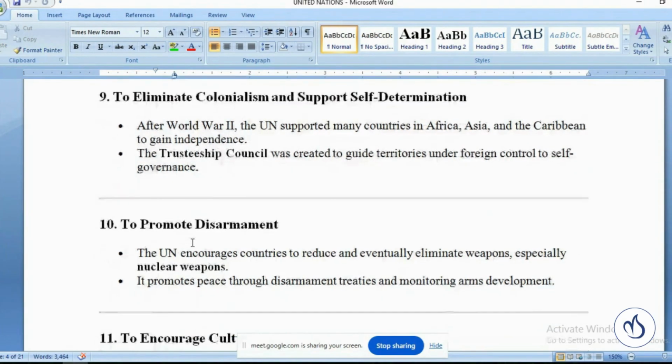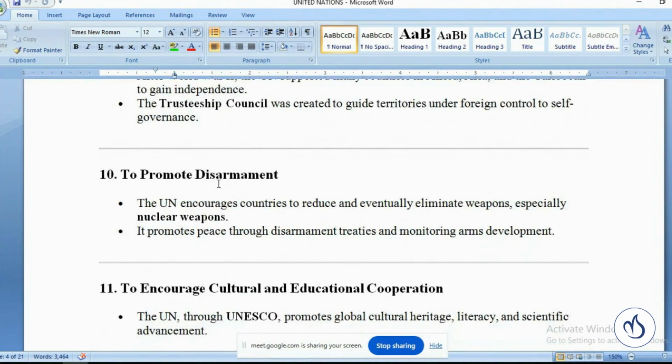Another thing, we have promoting disarmament. Disarmament, this is senior three.